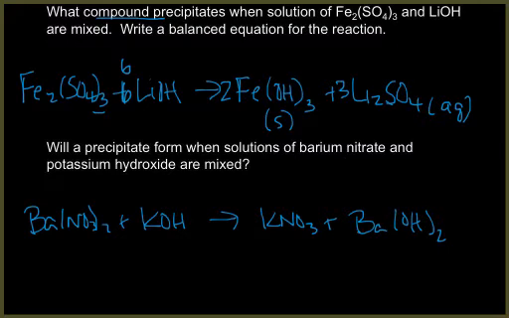If I look at that, I need to go ahead and balance it. So I need a 2 here, and I need a 2 over here. If I then go and check my solubility rules, both of these end up being aqueous. So this one is aqueous, and so is this one.